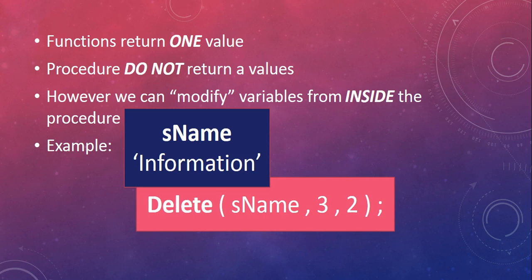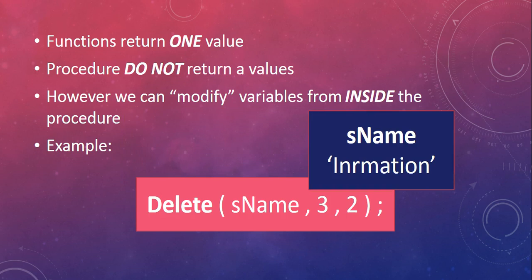If I display sName after this Delete procedure has been called, the value in sName will now be "information" but without the F and the O, because the third and fourth characters have been deleted, since we deleted from position 3 for 2 characters. So we have physically changed sName from within the procedure. So we've modified the variable. Okay, so that's almost like a way of making a procedure return something.